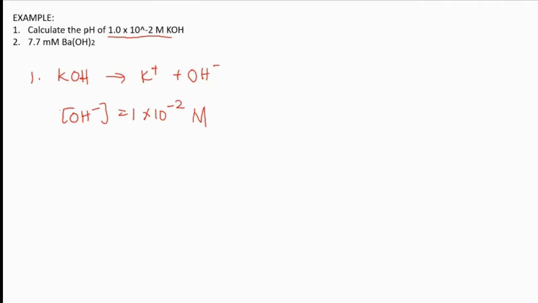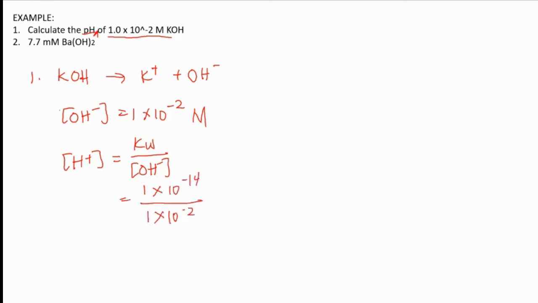The unknown is the pH. So, compute natin yung H plus. Ano gusto nyo? This one or the pOH na agad? Gamitin muna natin yun. 1 times 10 raised to -14 divided by 1 times 10 raised to -2. Answer is 1 times 10 raised to -12. Tama?